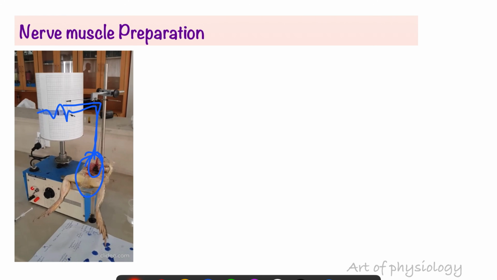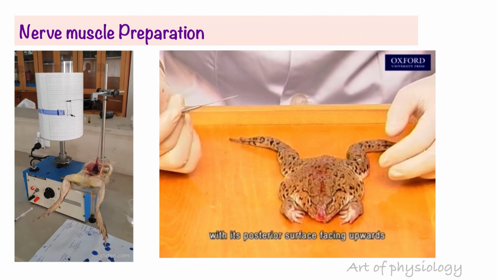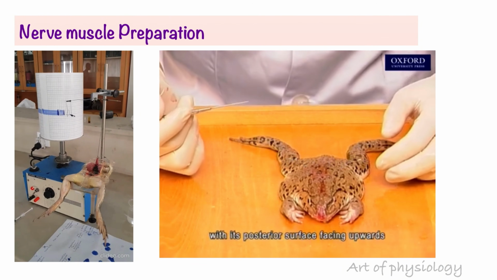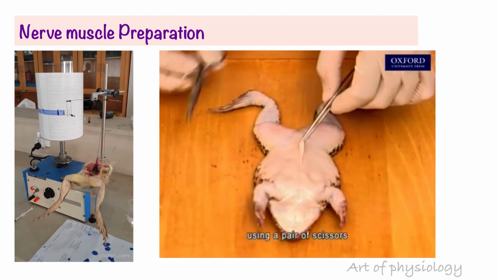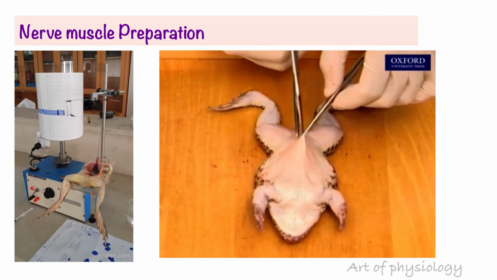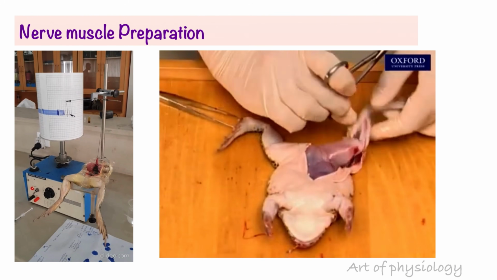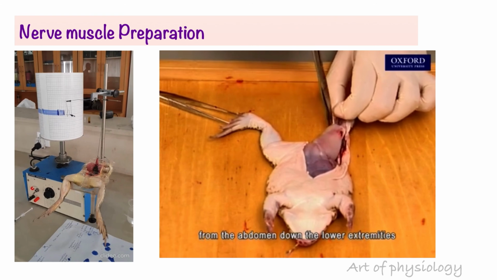After seeing this video, you will understand the procedure more precisely. Place a pithed frog on a dissection board with its posterior surface facing upwards. Cut open the skin of the frog using a pair of scissors. And remove the skin from the abdomen down the lower extremities.